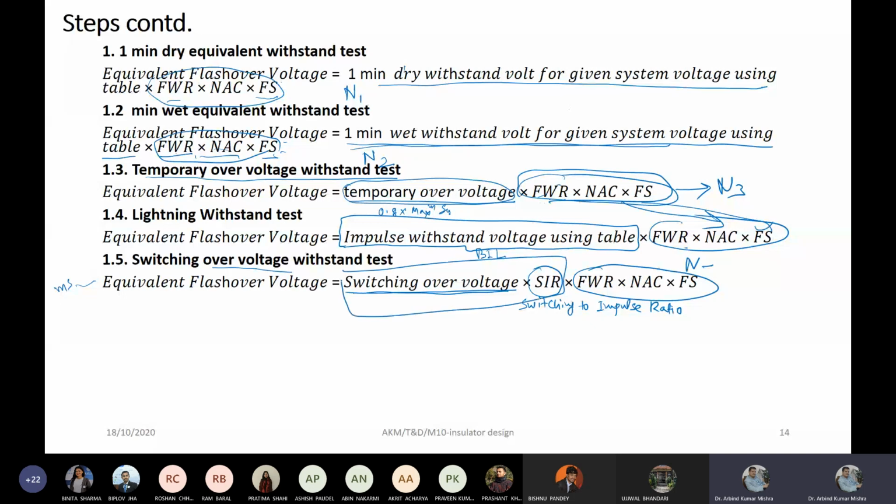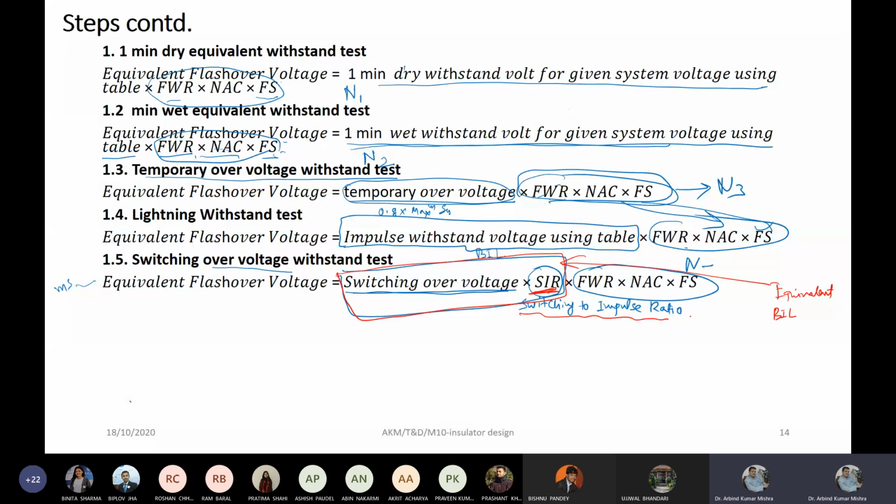If you multiply these two together, it gives the equivalent BIL. So here we are just multiplying by this factor, which is called the switching to impulse ratio. We are converting the switching overvoltage to equivalent impulse overvoltage. That's why this ratio.